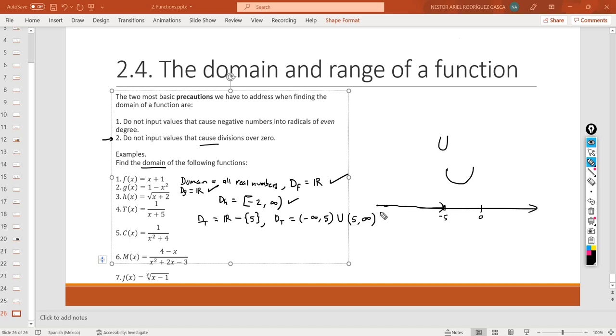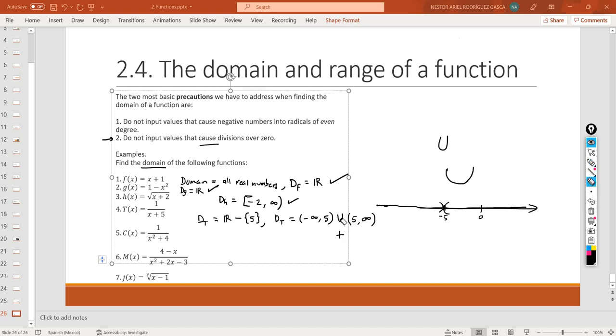And then I have to add, or paste, to this portion this other portion, from 5, excluding, up until plus infinity. You see? And if you want to join this interval plus this interval, this is what you do. You don't write plus. You write this symbol.